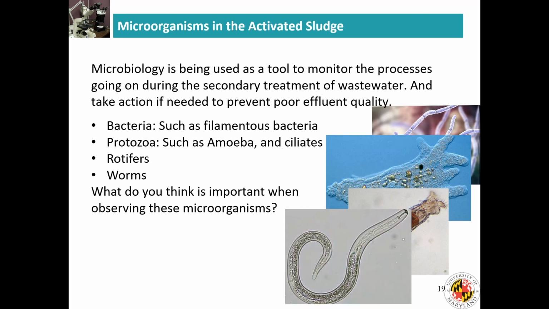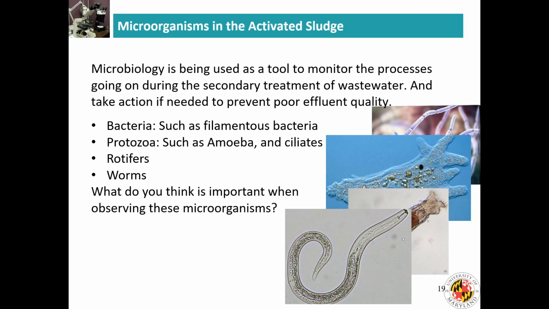Then we have worms. Worms also are animals that are able to degrade more complex carbon material that the other microorganisms are not able to degrade. So what do you think is more important when we are observing these microorganisms?